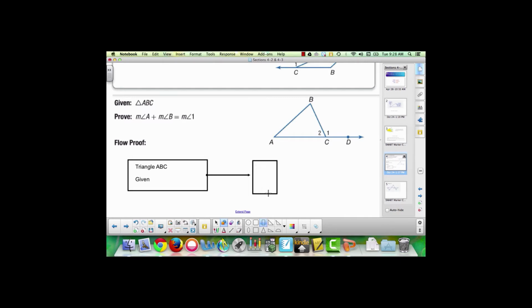I'll create another box and write my statement that the measure of angle A plus the measure of angle B plus the measure of angle 2 equals 180 degrees. And again, the reason I know this is because of the triangle angle sum theorem.